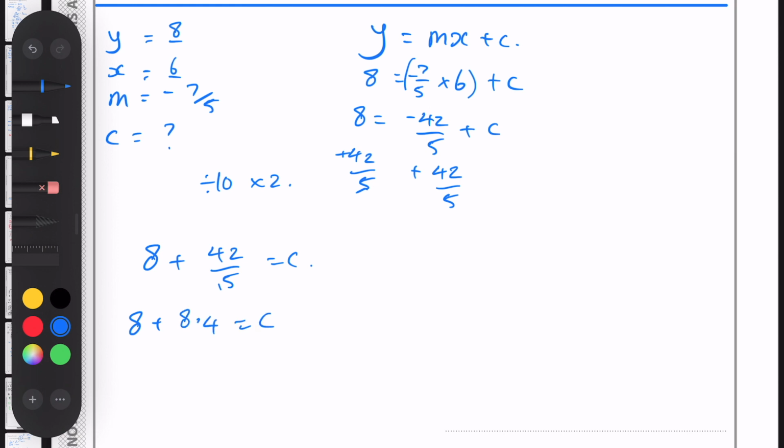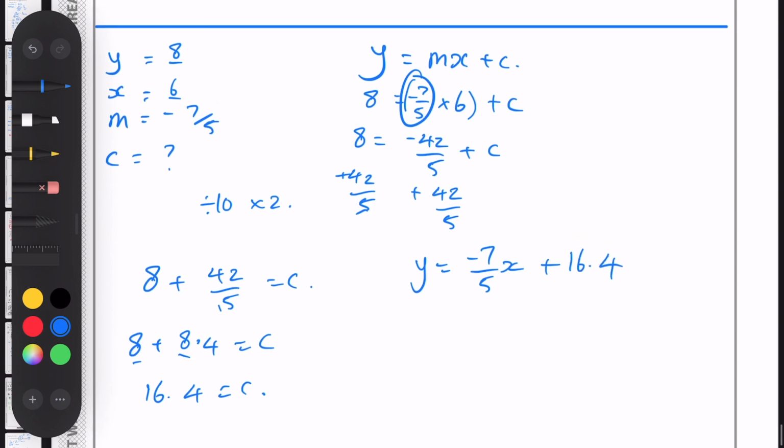So 8 plus 8.4 equals c. So that's 16.4 equals c. So that means y equals -7/5 of x plus 16.4.